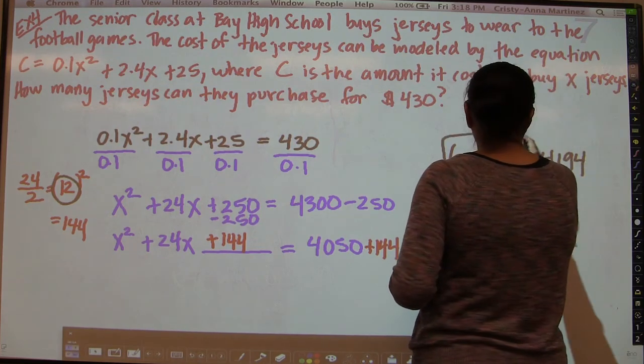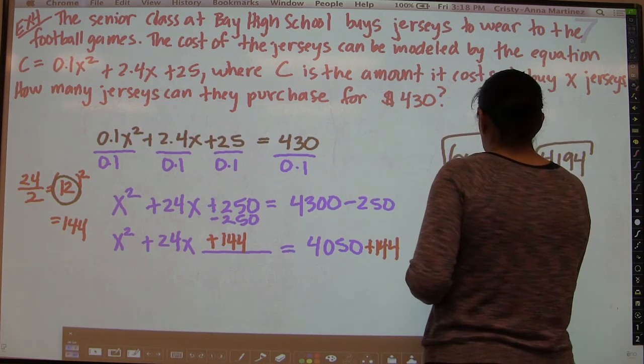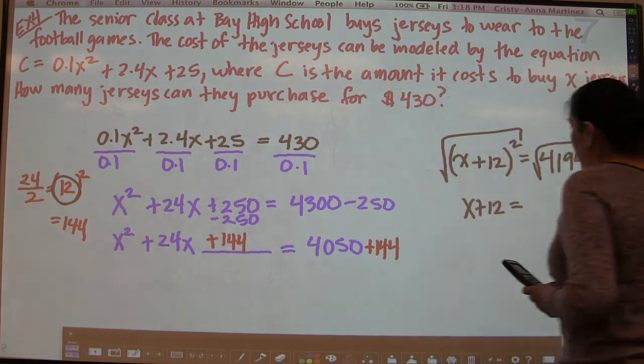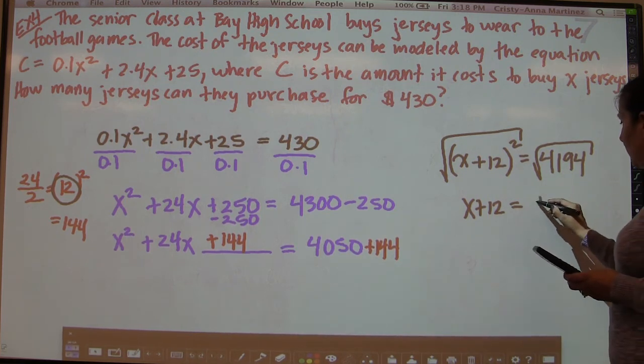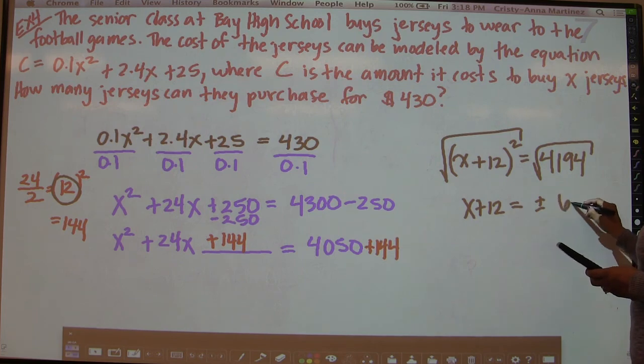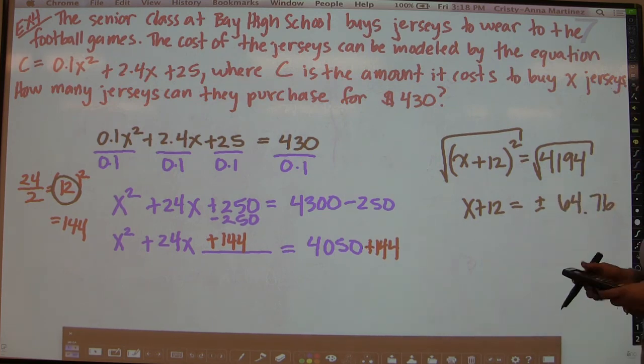And now we're going to square root both sides. And the square root and the square will cancel. And the square root of 4,194 is plus or minus 64.76.